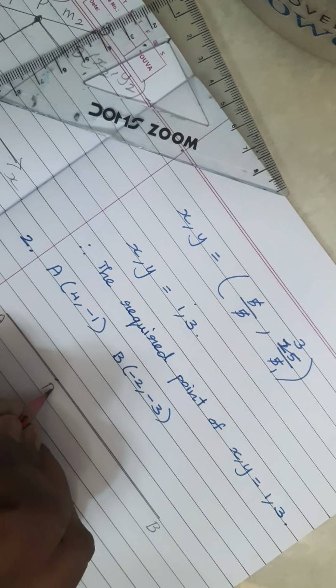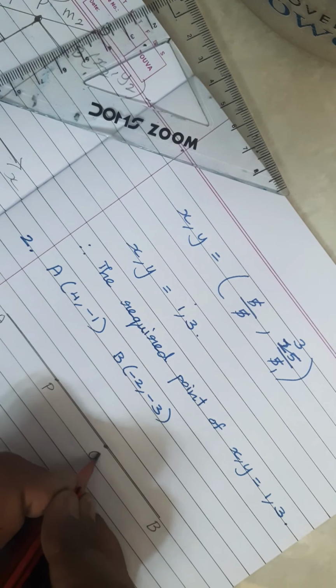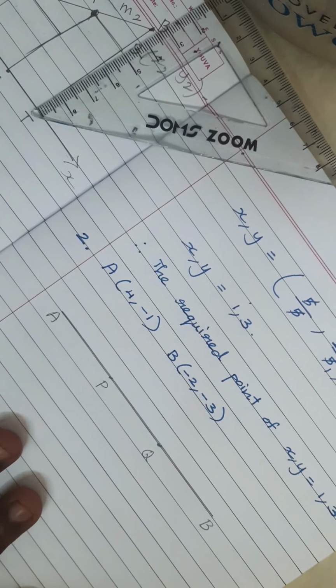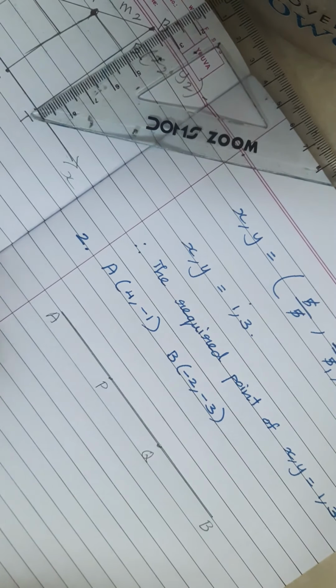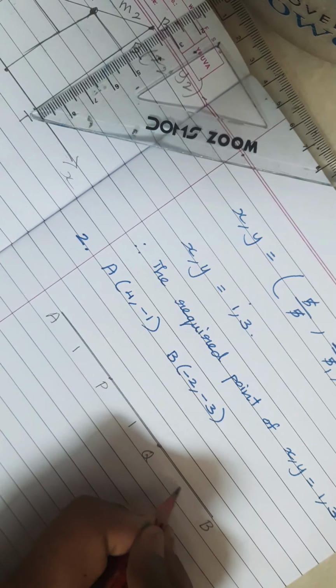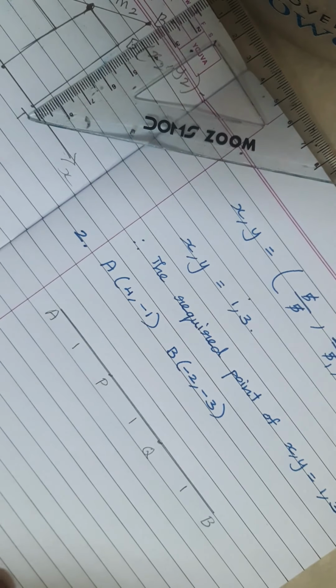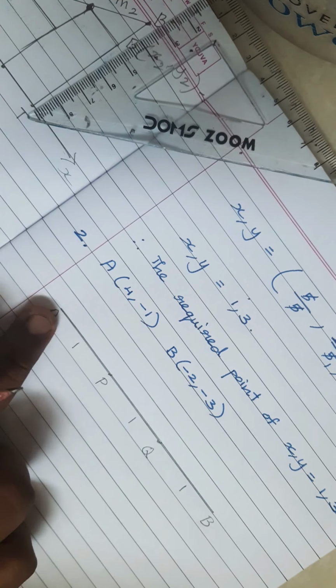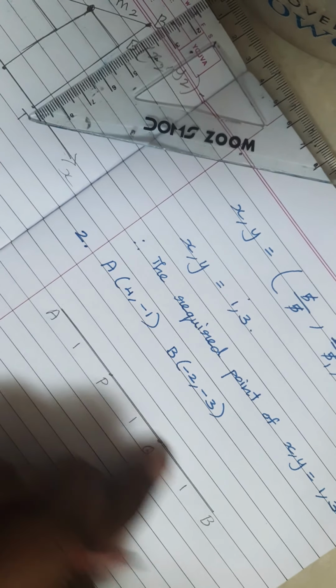This is P, this is Q. Equally they are splitting the points. So now tell me, this is 1, this is 1, this is 1. Example, the point is in between the line segment, the distance is 1, 1, 1.